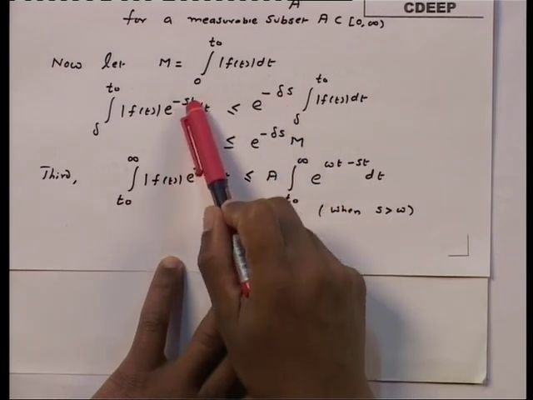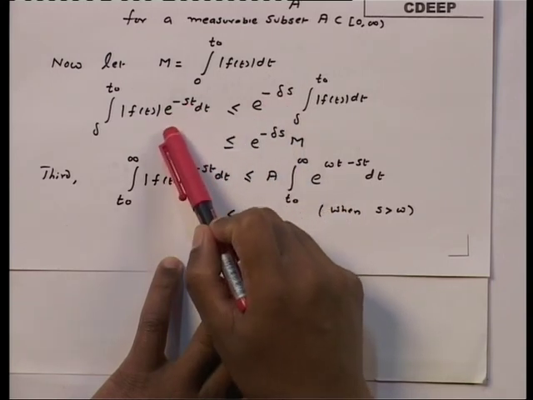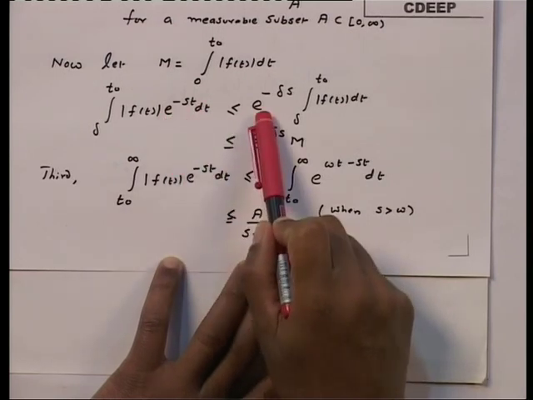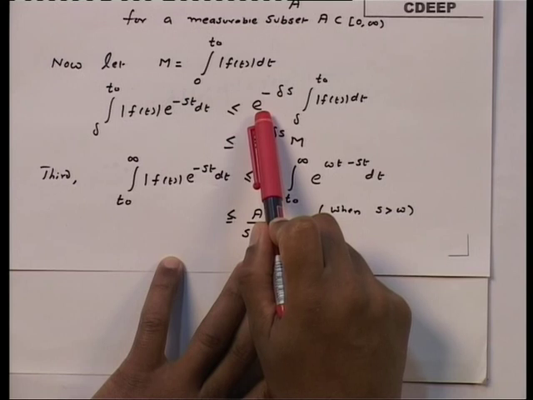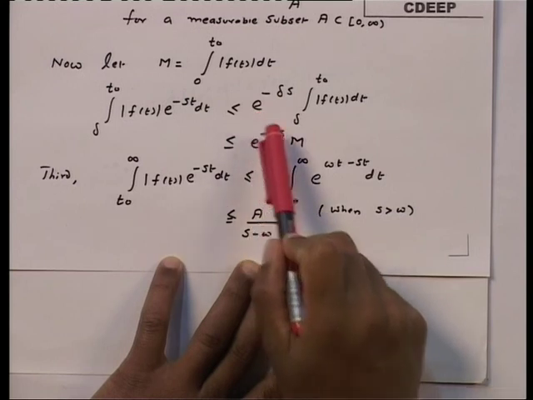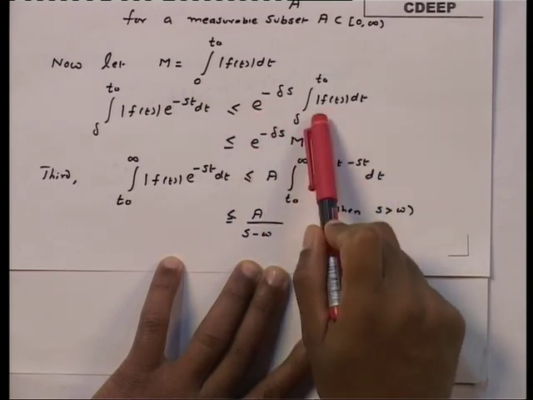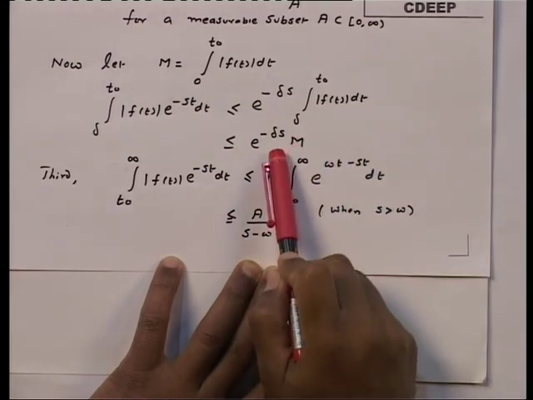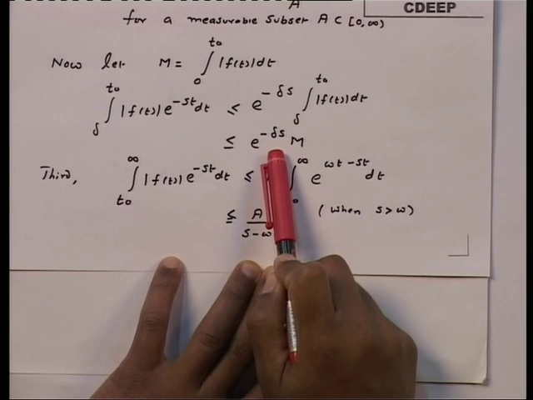This factor is less than or equal to e to the power minus delta s, and so I pulled it out of the integral and I am left with this, which is less than or equal to M, and as s tends to infinity, I have this particular factor e to the power minus delta s, which will go to 0.